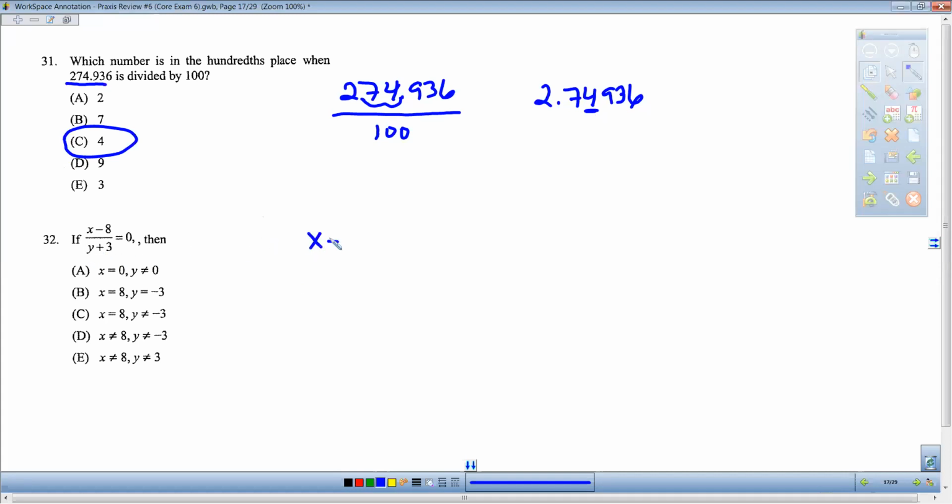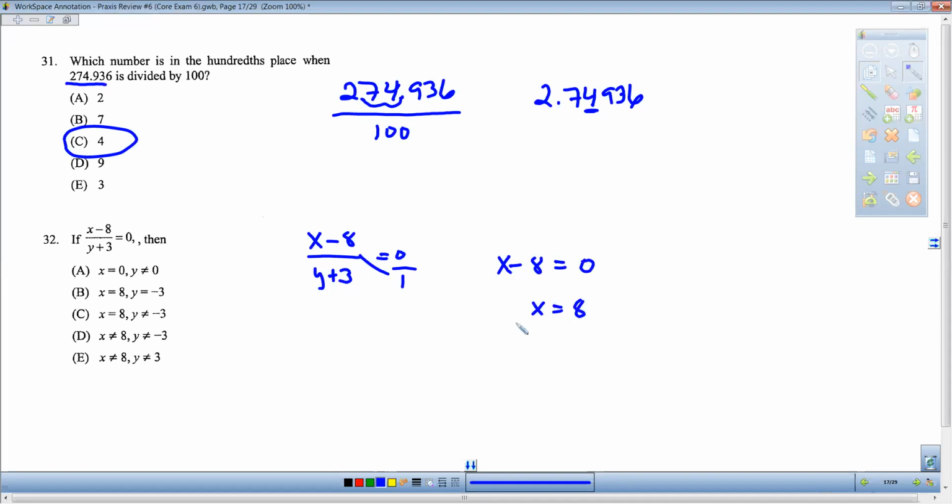32, you have a fraction and you know it equals 0. So I'm going to make the comparison 0 to 1. And I'm going to just make this a proportion and do cross products. So 1 times x minus 8 is x minus 8, and y plus 3 times 0 is 0. When I solve for x, I get 8.